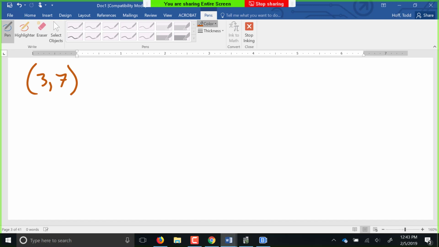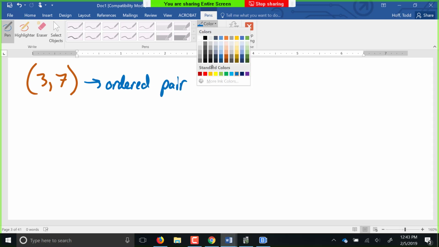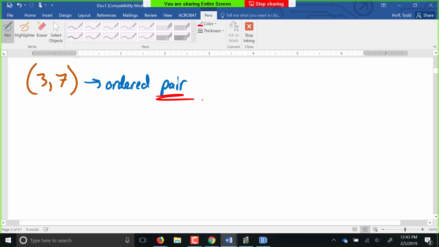We express them like this, and we call it an ordered pair. The pair part should be inherent there. It's a pair because it's a pair of numbers. There's two numbers there. Ordered because the order matters. In this case, the first number is the hours studying, and the second number is the improvement in the score.